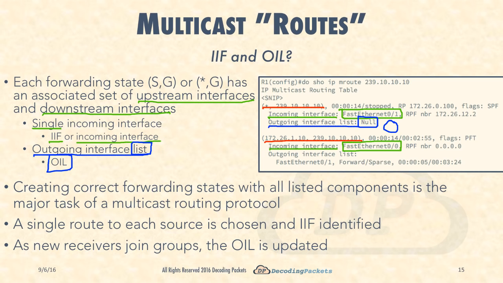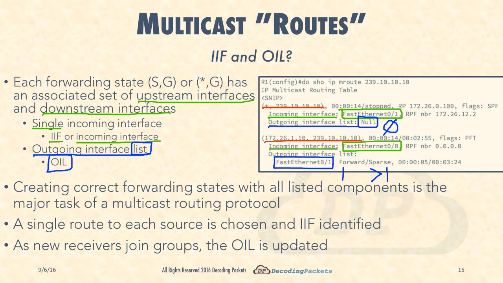On the other hand, out here, it is a list of one interface. There could be other scenarios where it is a list of more than one interface. That really just depends on how many receivers there are and how your network is designed. But know for right now that the OIL is very important. You have to have some interfaces in the OIL for the multicast forwarding state to actually work. But that really puts it all together. There is a forwarding state.